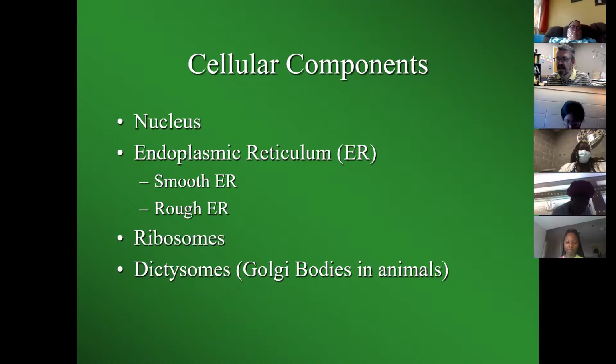And in plants, we have another thing called the dictyosome, which you probably haven't heard of, but basically it's just the Golgi apparatus or Golgi body that we might call it in animals. Sometimes you'll see that, especially in older textbooks, the plant names for things are a little different than the animal versions.